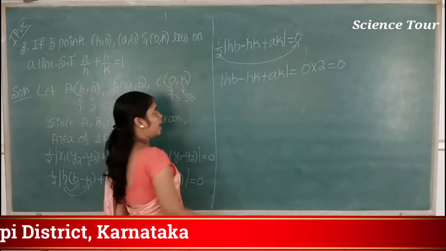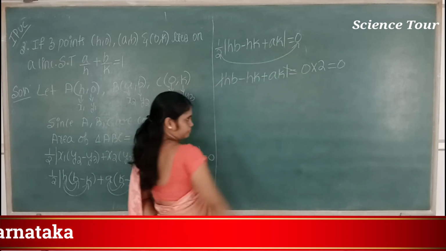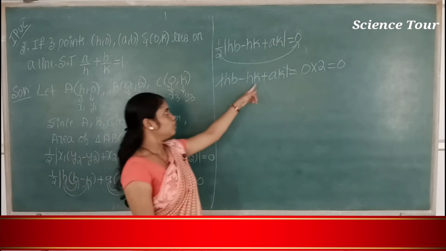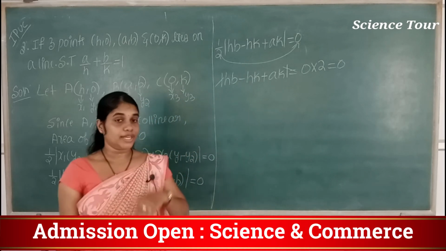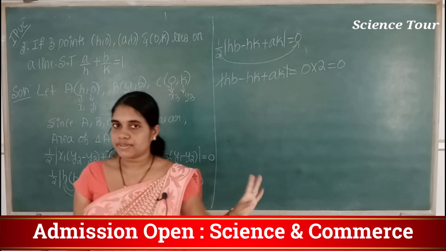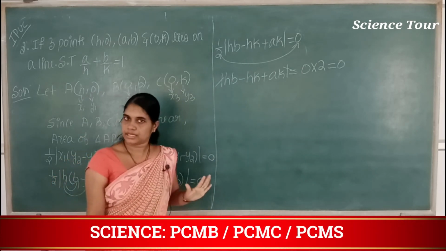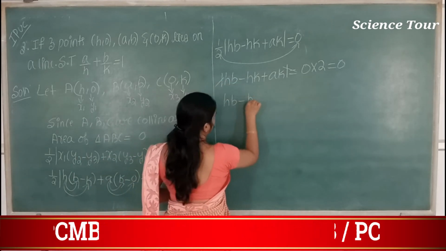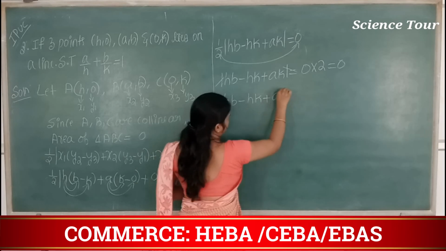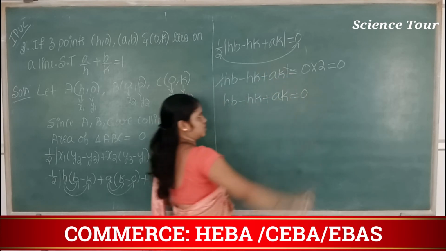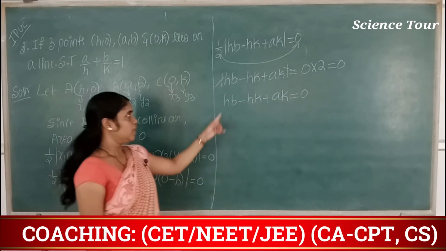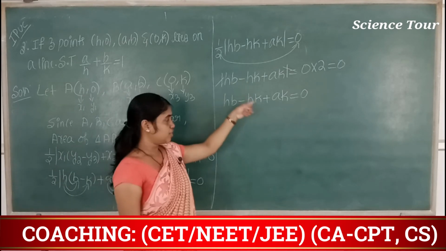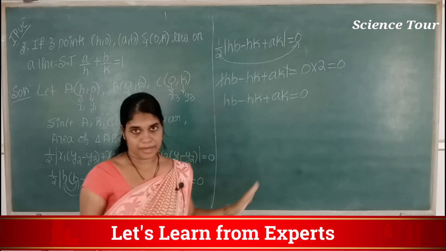Now I'll open this modulus. If you have 3 terms inside the modulus, while you open the modulus, the signs will not change, they will be as they are. Therefore you can say hb minus hk plus ak equal to 0. hb minus hk will be as it is, don't write plus hk.